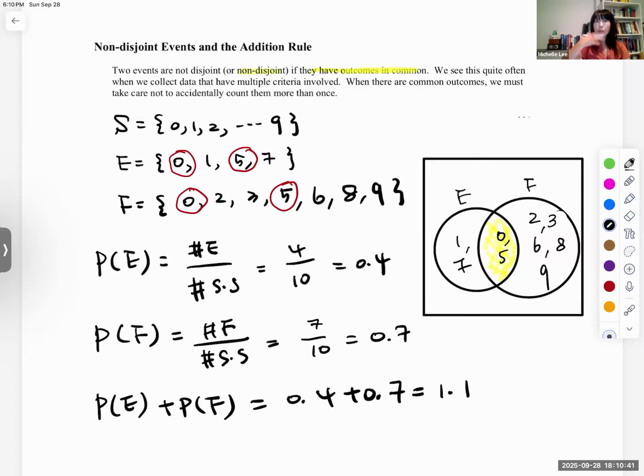Then how do we make their sum equal to 1?